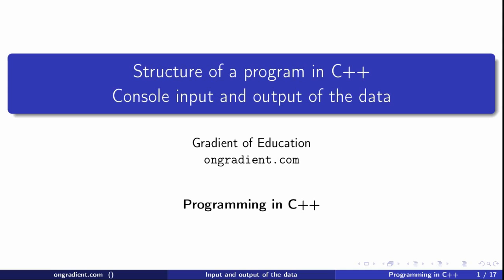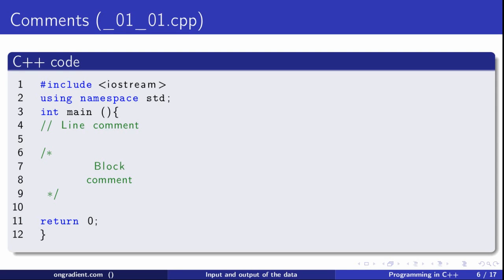We use comments in the source code in order to make a note or explain something. A comment is a part of the source code which is not processed by the compiler and is used for reminders and explanations. There are two types of comments. The first of them is known as a line comment.